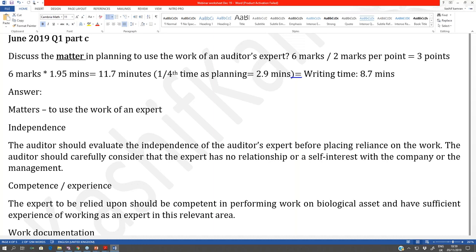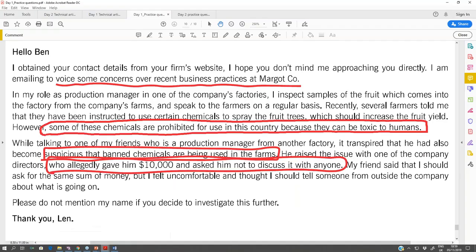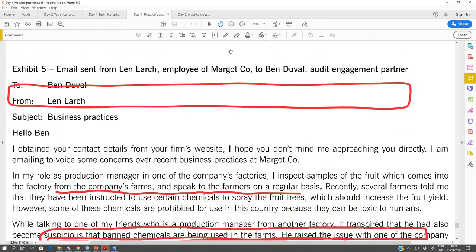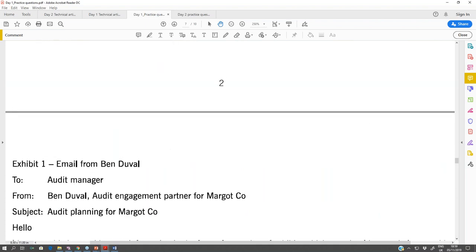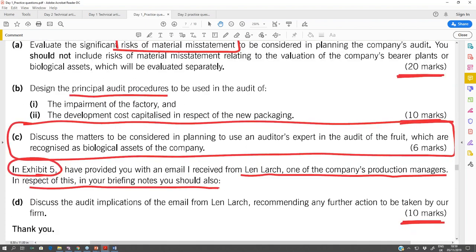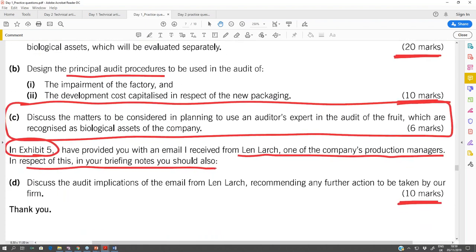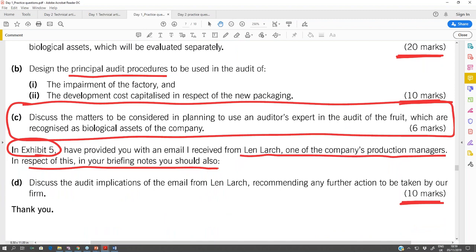So see, in the June 19 exams, we almost had 16 marks in requirement C and requirement D out of the total 46 marks, because then 4 marks is for the briefing note. So we had 10 marks here and we had 6 marks above.